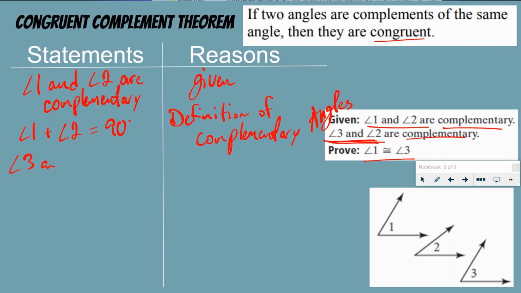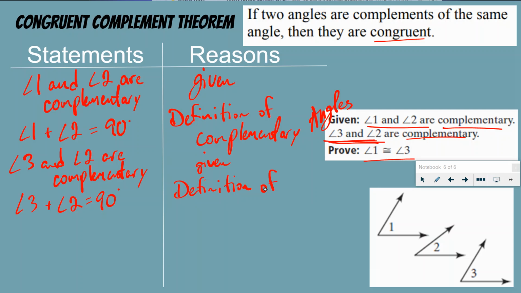Angles 3 and 2 are also complementary. That's given to me. And angles 3 and 2 have a sum of 90 degrees by the definition of complementary angles.